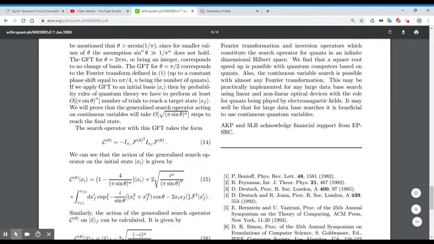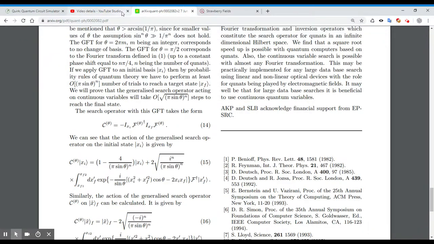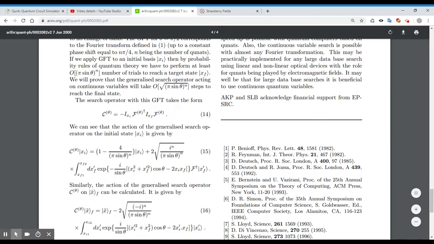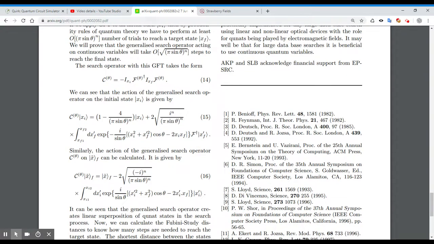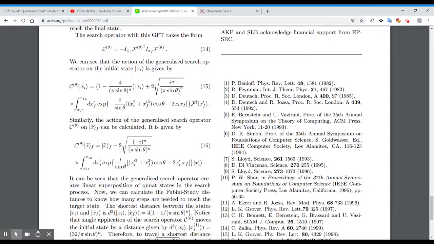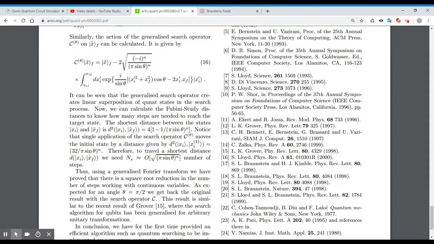This I didn't catch. That's what I'm kind of missing. That's the video before, for the link. So here... not convinced. Similarly, the action of the generalized search operator can be calculated like this. Now we can calculate the Fubini-Study distances to know how many steps.